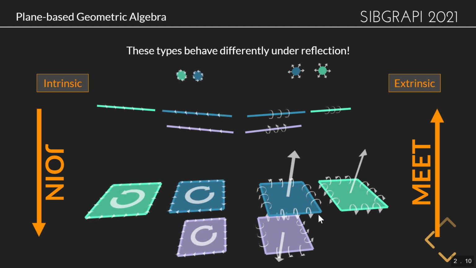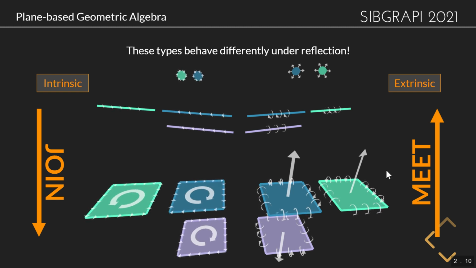And the same thing happens when we create a line by meeting 2 planes. So imagine that these are at a little angle, so you have this intersection line in between here. Then it would be oriented one way if we intersect blue with green, and it would be oriented the other way if we intersect green with blue.